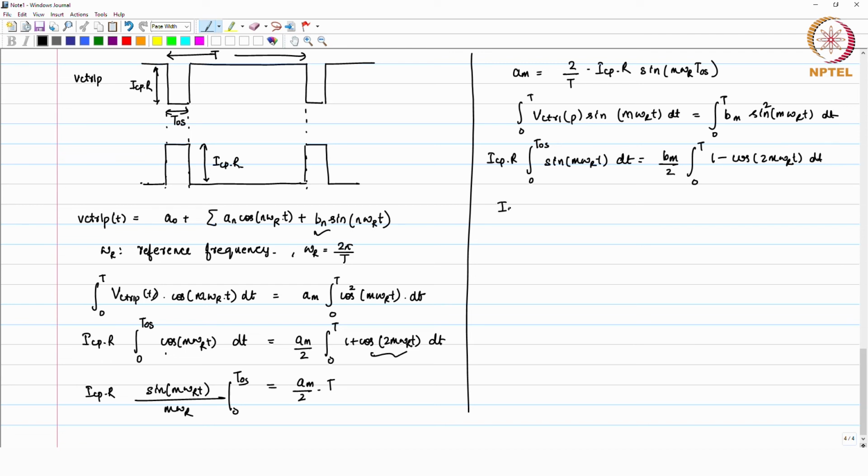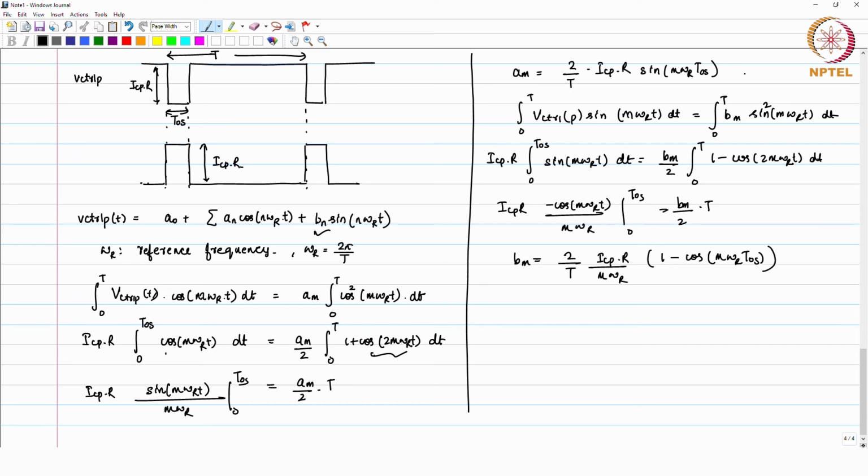So, this is I_CP R; the integration of sine m omega r t is minus cosine m omega r t divided by m omega r, 0 to t offset. This is b m by 2 times T. So, I can write b m as 2 by T times I_CP R divided by m omega r, into 1 minus cosine of m omega r t offset.